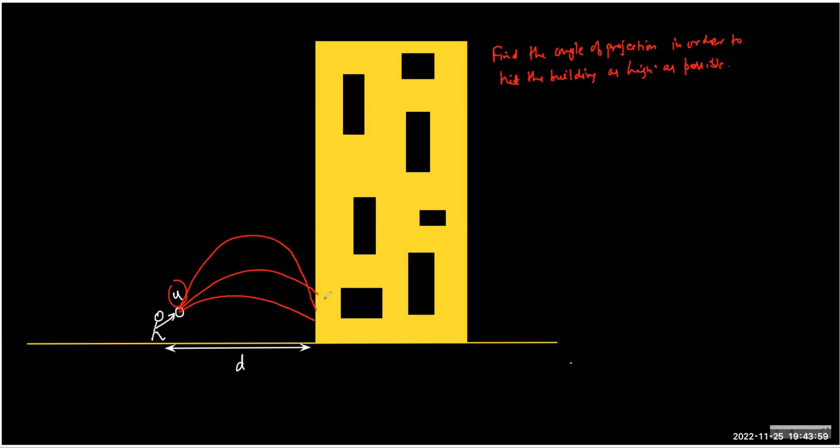Questions clear? I want to maximize this value. So how to maximize the Y? Ignore the size of the man.